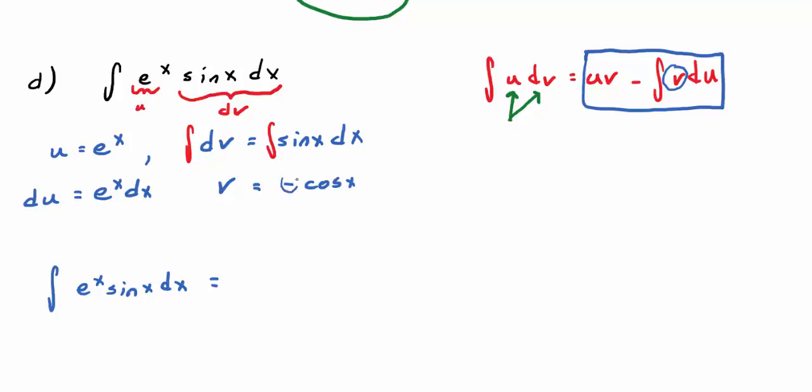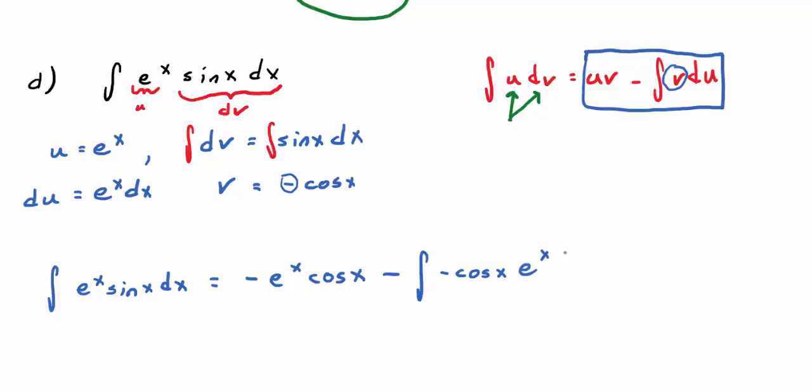Can we stick that negative out front? Otherwise, it looks like subtraction, and if you don't put parentheses there, it gets a little messy. So negative e to the x cosine x is the equivalent to u times v, minus integral v du. Okay, minus integral of what? Negative cosine x e to the x dx.